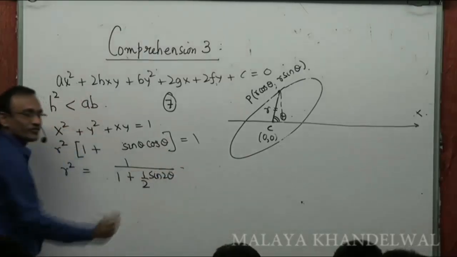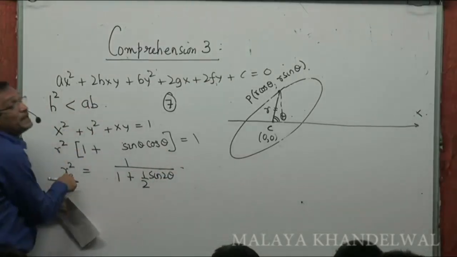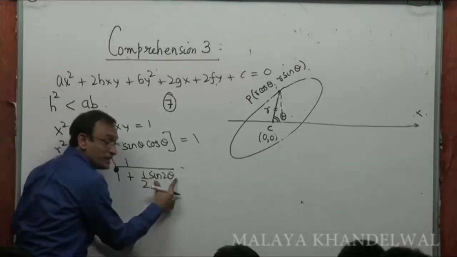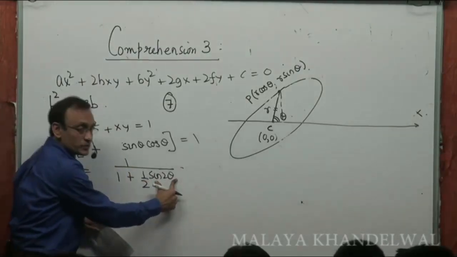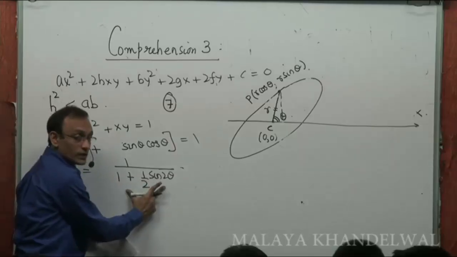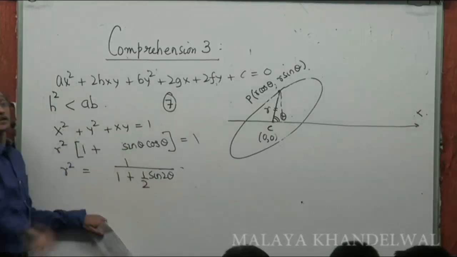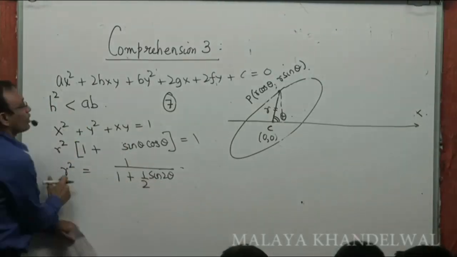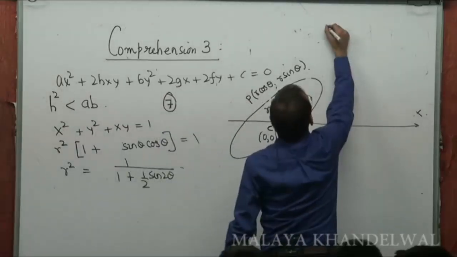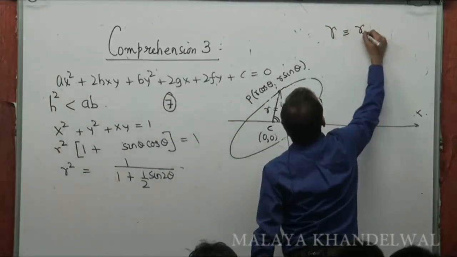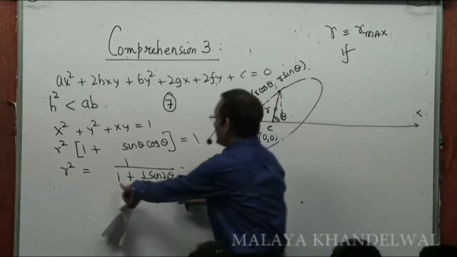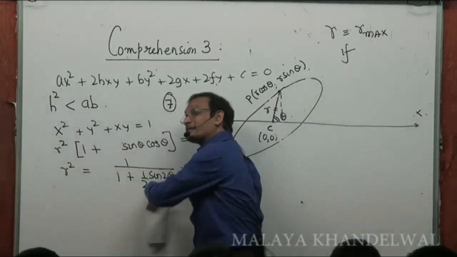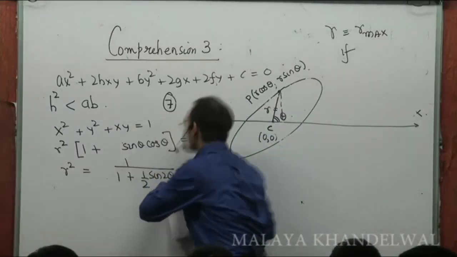Yes or no? r squared will be maximum when sin 2 theta is minus 1, because then the denominator has the smallest value. So r will be r max if the denominator is the smallest, that means sin 2 theta is minus 1.